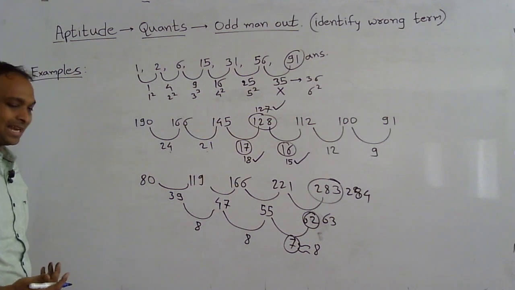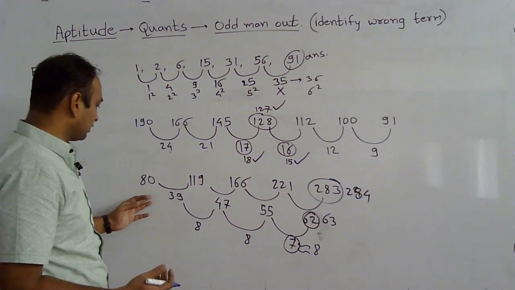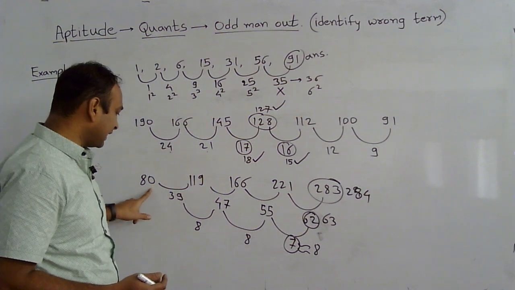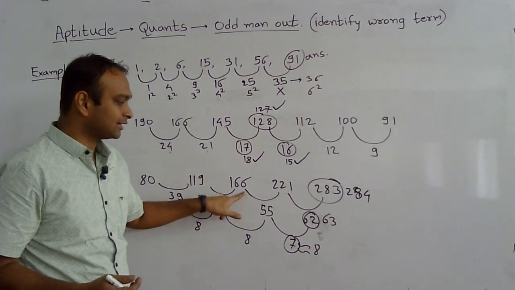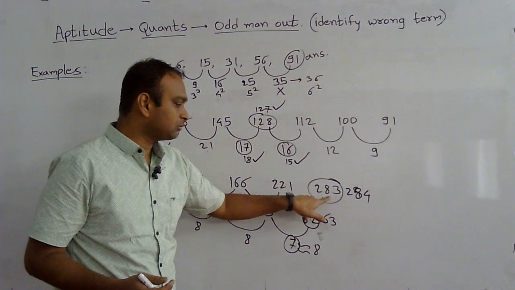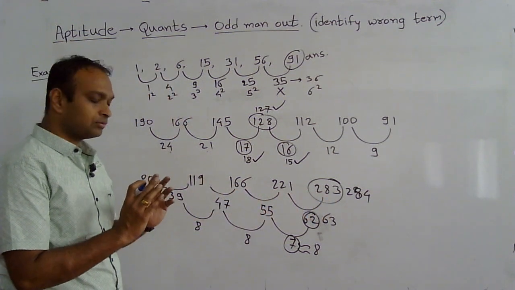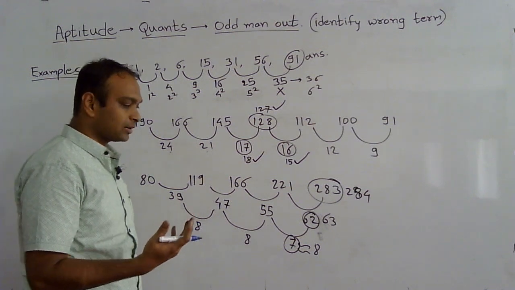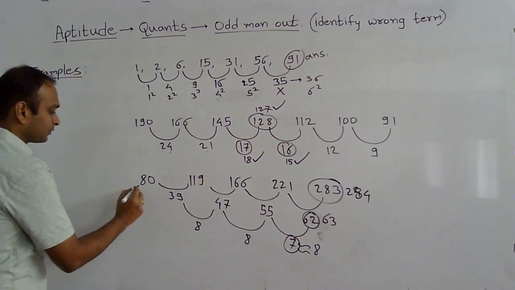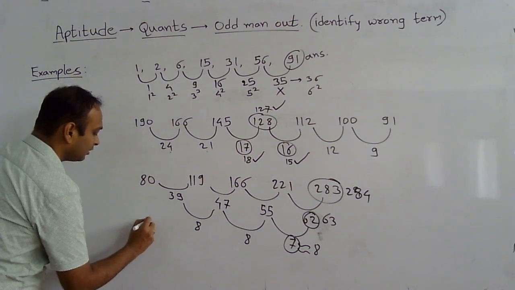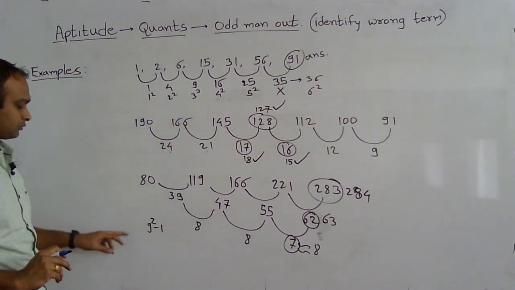One more logic we can apply, and that could be, if you again observe the numbers, these numbers 80, 119, 166, 221, and 283, all these numbers are near to some squares. For example, this 80 is the square of 9, maybe minus 1.